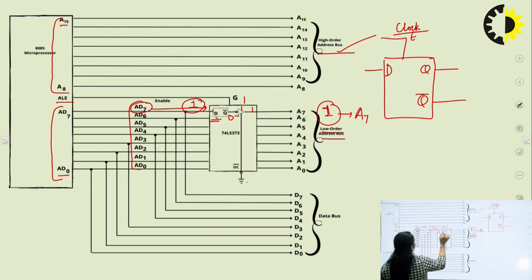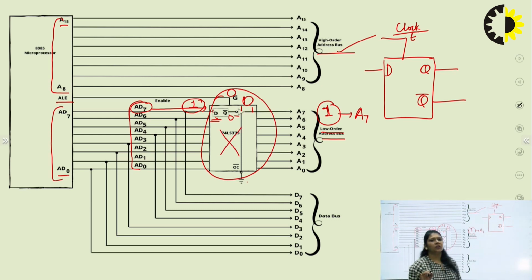Next, suppose the enable pin is 0. If this pin is 0, then this latch will not work. Why? Because the D flip-flop needs a clock pulse to process something. So if this is not working, that means these are not working for this.